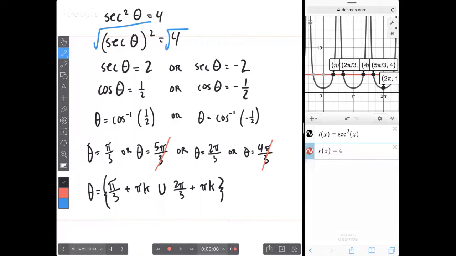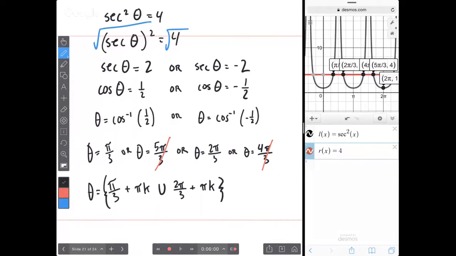Well, Mary, the natural period of the secant function is 2 pi. But here when I squared it and all of the values are now positive, the old secant function had some positives and some negatives. So the period was twice as large. But now that all of those negative parts of the graph have flipped upwards, the period has just become pi.